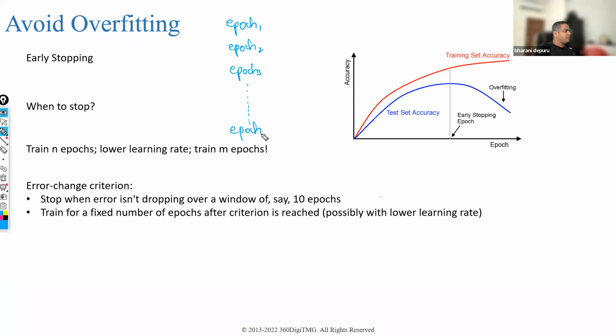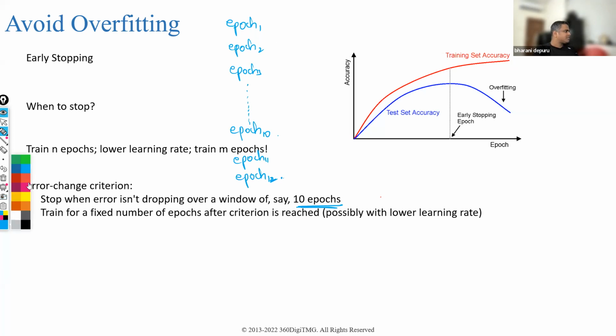Say you have 10 epochs, 11 epochs, 12 epochs. In that way, you have the data. Error change criterion means stop when error isn't dropping over a window. You define that window. Say you define, for example, 10 epochs. Example only. You can increase or decrease the number of epochs; whatever window you want to choose is up to you.